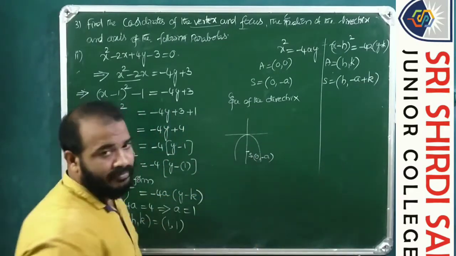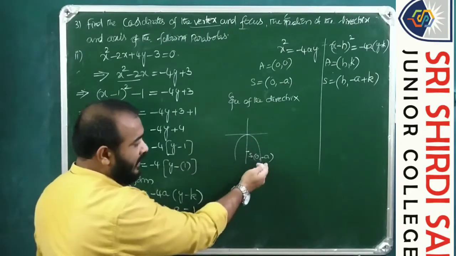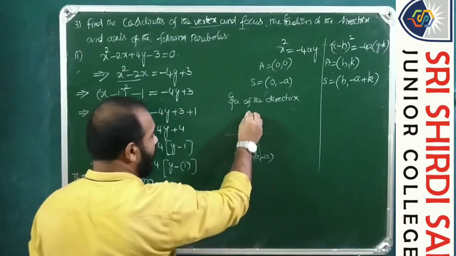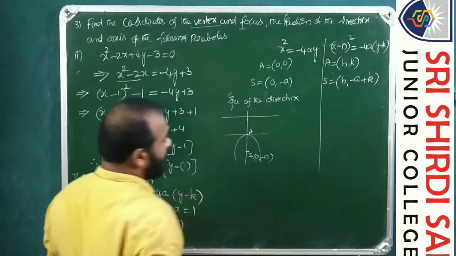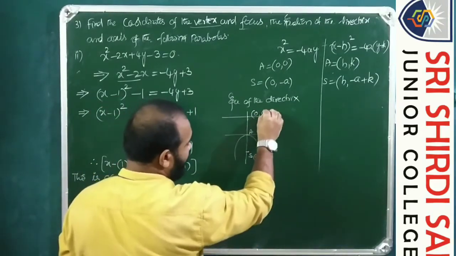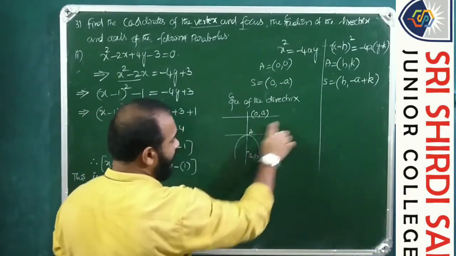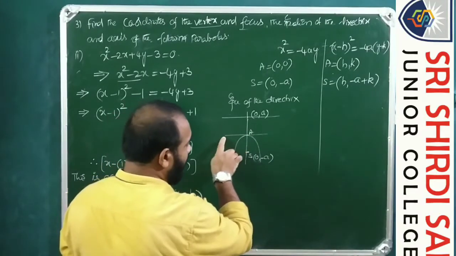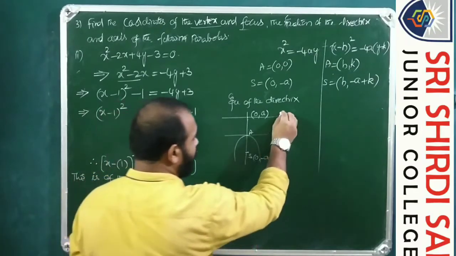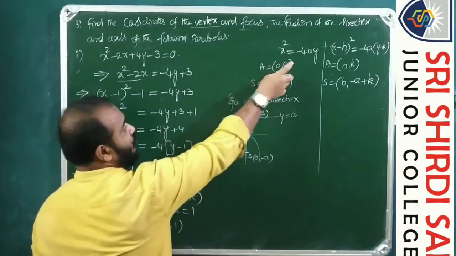On the y axis the x coordinate is 0, and since it is the negative y axis, minus a. Now this is our directrix, passing through (0, plus a). Since this line is parallel to the x-axis, y equals a is the equation of the directrix for x square equals minus 4ay.